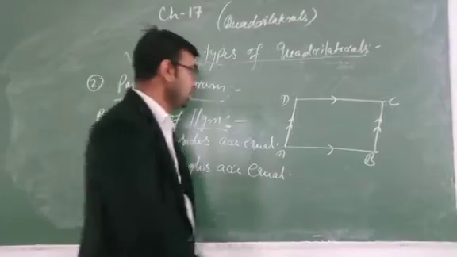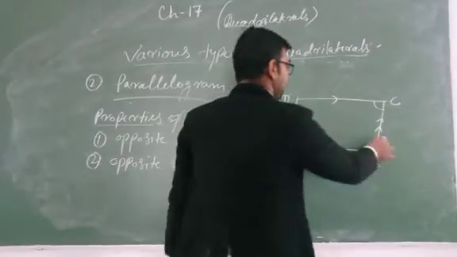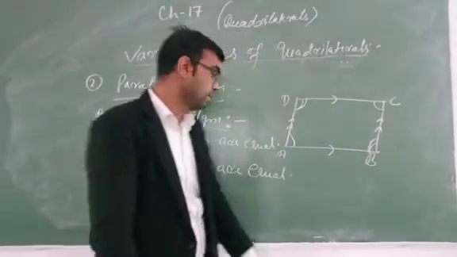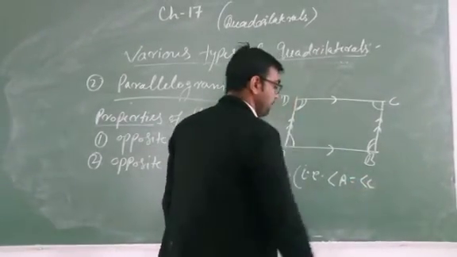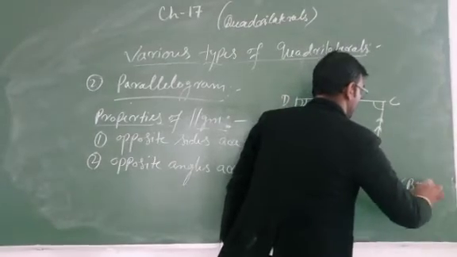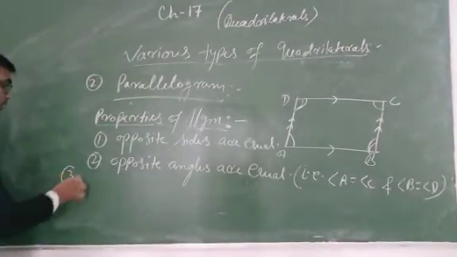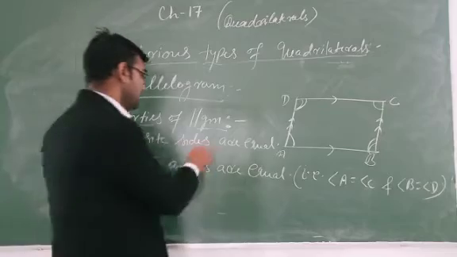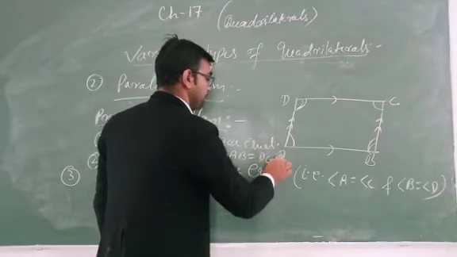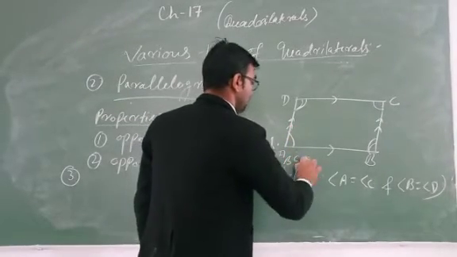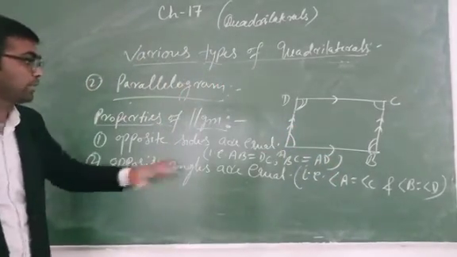In this figure, angle A will be equal to angle C because both are opposite, and angle B will be equal to angle D. So in bracket, equivalently, angle A is equal to angle C and angle B is equal to angle D. Opposite sides, equivalently, AB is equal to DC and BC is equal to AD. Clear? Opposite sides and opposite angles are equal.